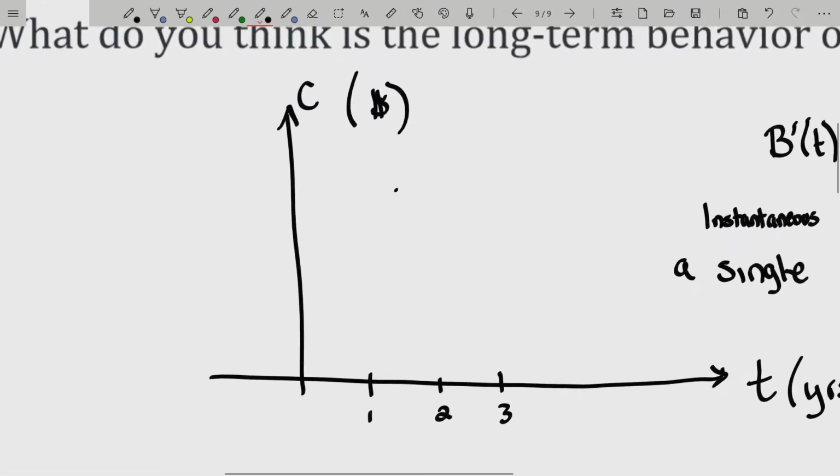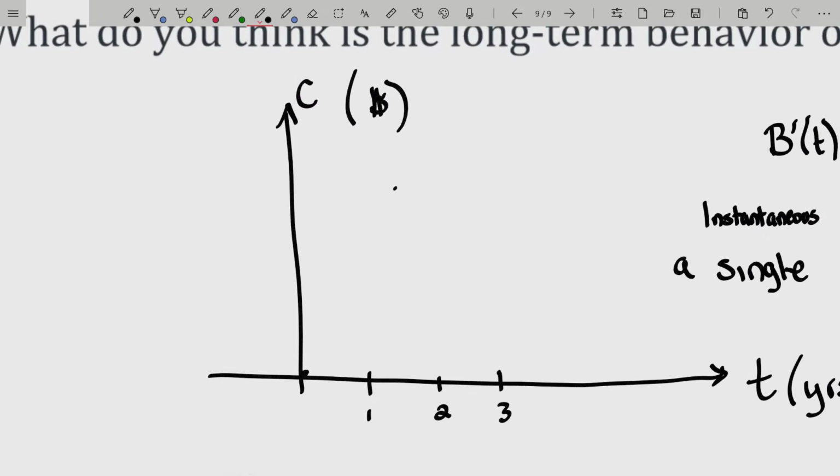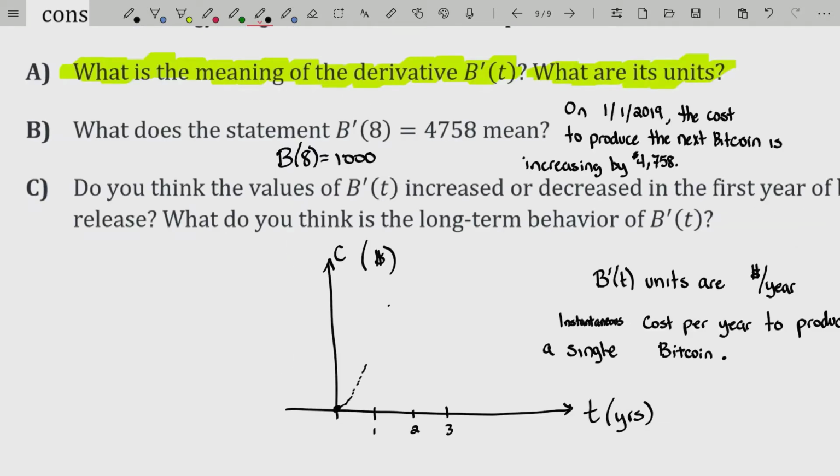So at time 0, let's just take a look at this. It might have cost nothing to find the first few Bitcoins, to be honest with you. But as time moved on and more coins were found, the cost had to go up because you have fewer solutions to that problem, so you have fewer Bitcoins available, so they're harder to find.